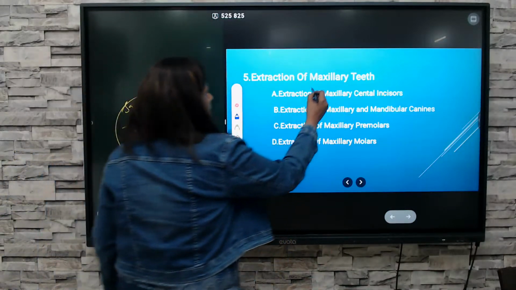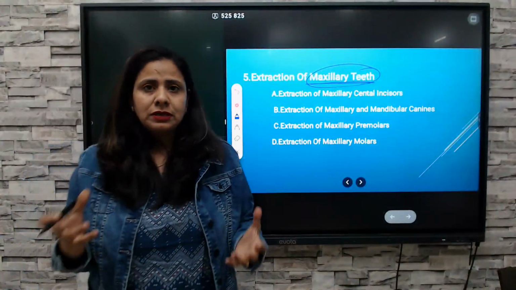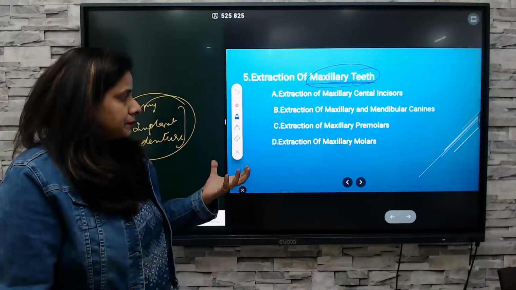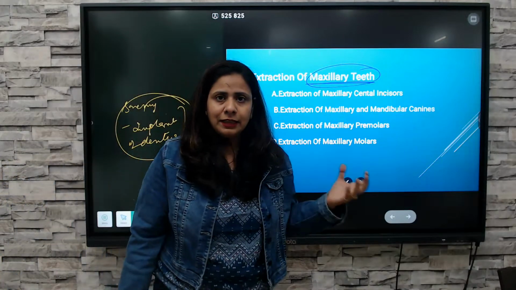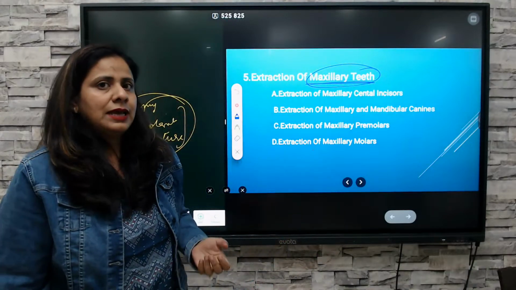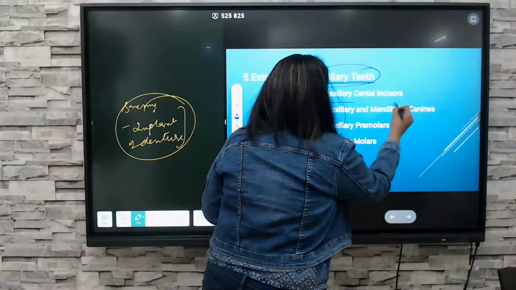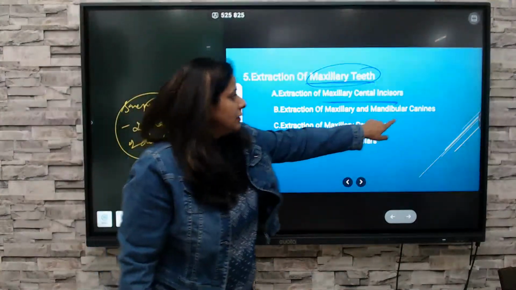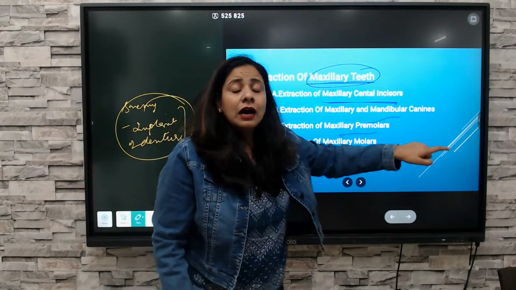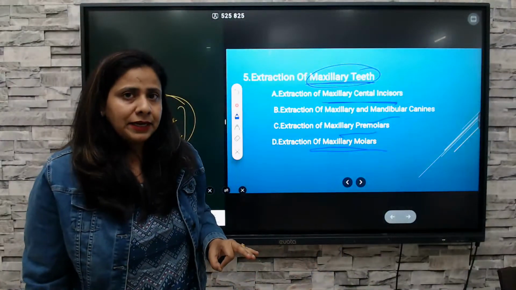So next comes, in the recorded or the live stream videos, I will be discussing the maxillary teeth in detail. So we have two jaws, maxilla and the mandible, and of course we have different teeth in the maxilla and the mandible. We have central incisors, lateral incisors, canines, premolars, molars, and the third molars. We will be discussing in detail the maxillary central incisors, premolars, canines, and then finally the molars, along with their anatomy, their forceps, the luxator techniques and everything.